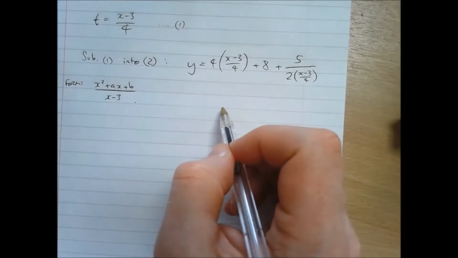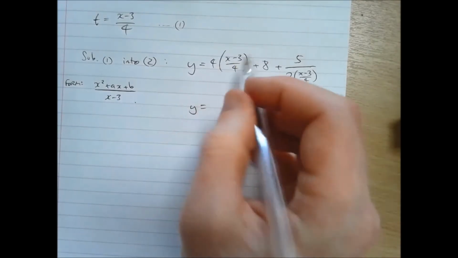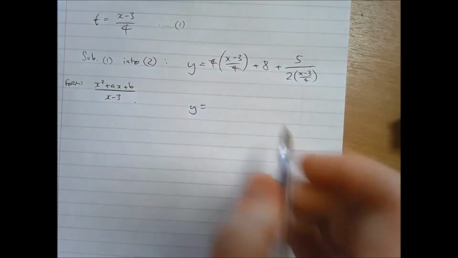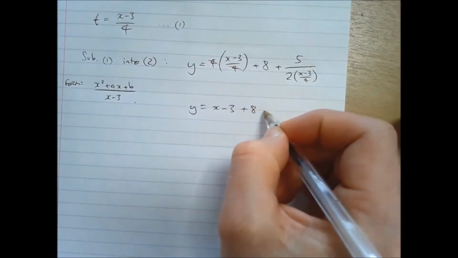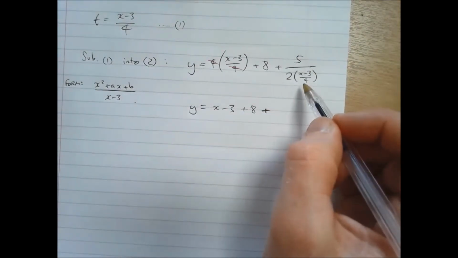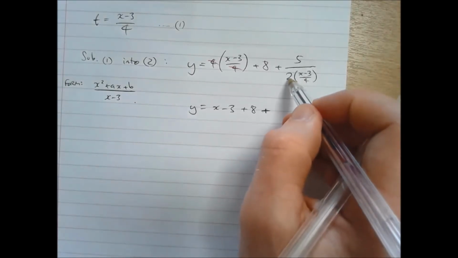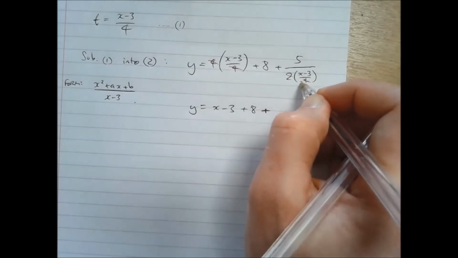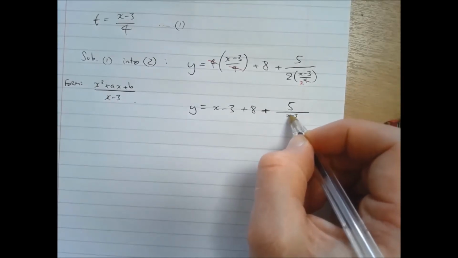Okay, so let's see where we can take this. So here we've got 4 times x minus 3 divided by 4. Well, those 4s cancel, leaving us with simply x minus 3. Copy down the plus 8. So as you can see, a lot of work's going to be going on here. Initially, we've got a multiplication by 2 there, we've got a division by 4 there, so they cancel down to an overall division by 2, so that's 5 over x minus 3 divided by 2.